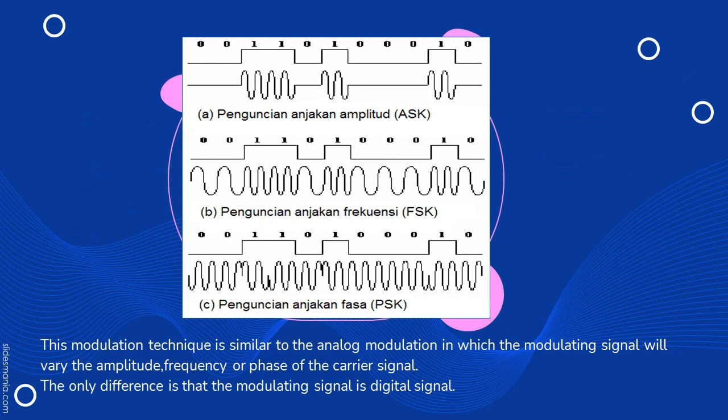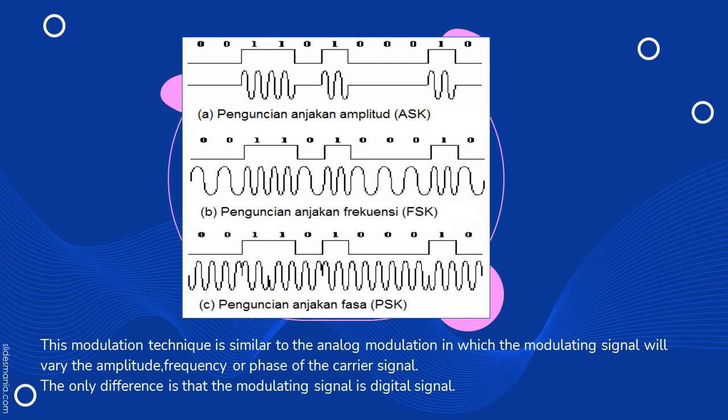Okay, so this is what we are going to learn. First, ASK, second, FSK, and PSK. Next slide will explain it in more detail. This modulation technique is similar to the analog modulation, in which the modulating signal will vary the amplitude, frequency, or phase of the carrier signal.